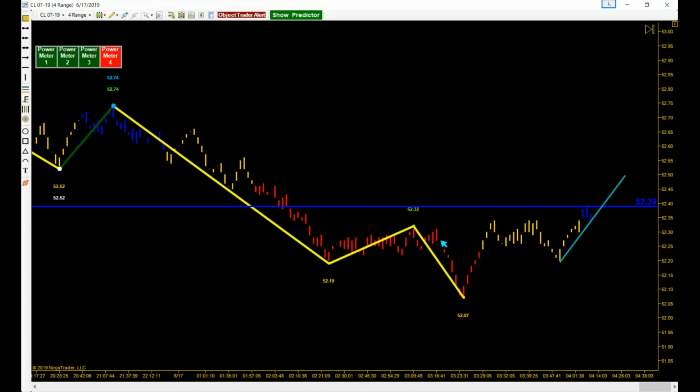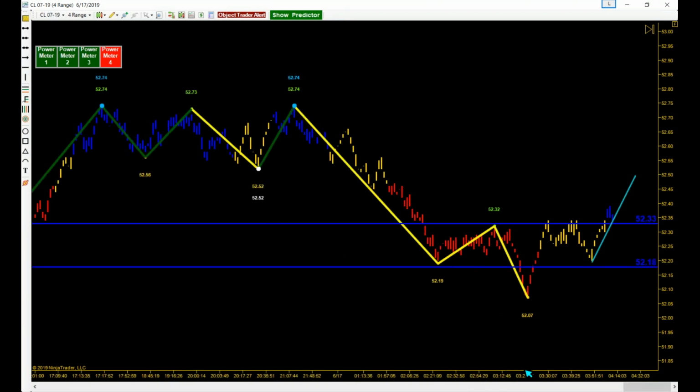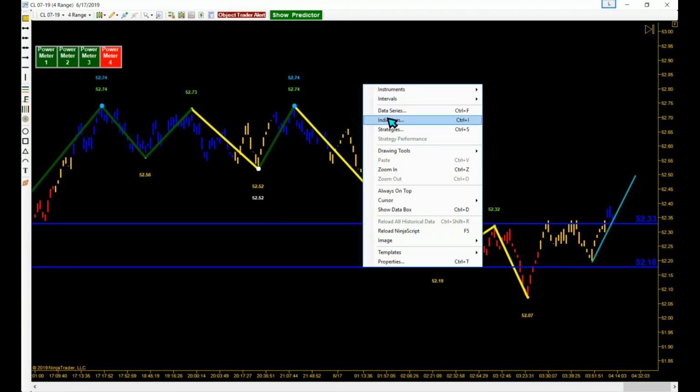Okay, for instance, if this was to decide to break 32, which is support, then more than likely it would head down anyway, and you'd probably get at least down into here. Drawing on your charts, looking left to trade the right. Okay, everybody see that?